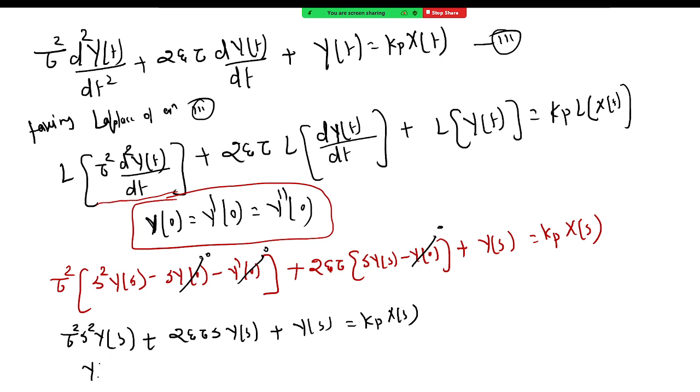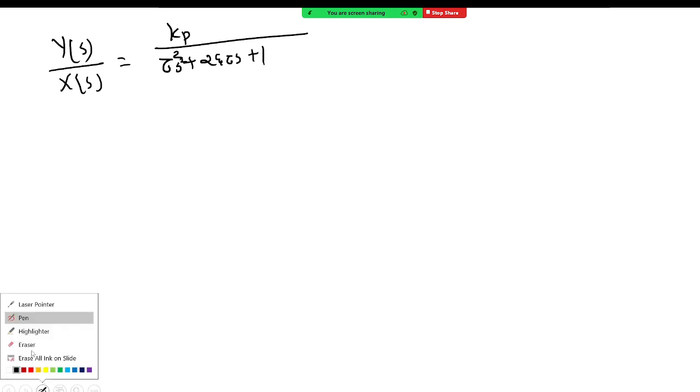If I take Y(s) common from the left hand side, I can write tau square s square plus 2 zeta tau s plus 1 is equal to Kp X(s), right? So finally, we have reached the conclusion that Y(s) divided by X(s) is equal to Kp divided by tau square s square plus 2 zeta tau s plus 1, right? So now you can see, yesterday I told you, this is a second order transfer function.